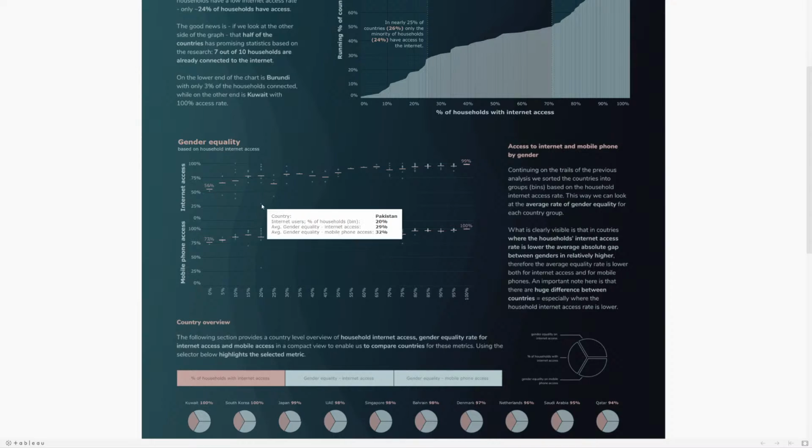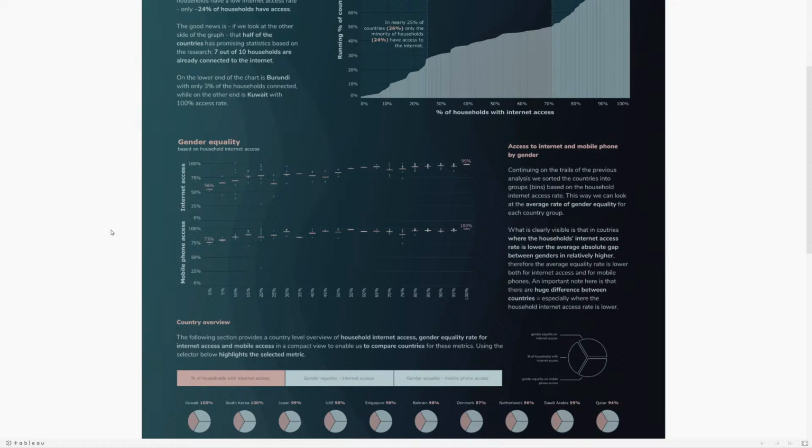But because my focus is on those pink lines rather than the really light dots, the pink line suggests that the gender equality, and I can't actually get the tooltip to show, is around 79% maybe, but it's not. These are the countries where only 20% of people have internet access. So I really don't understand this analysis, and I don't understand the calculation.